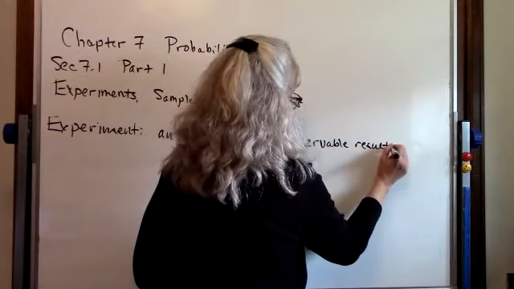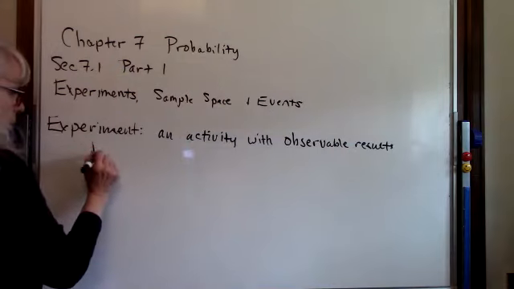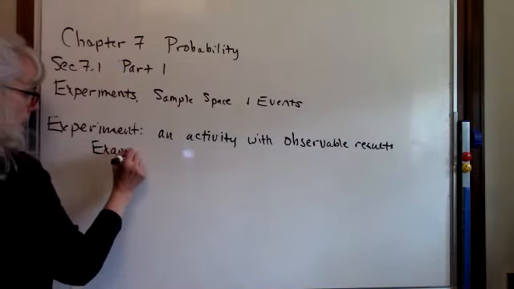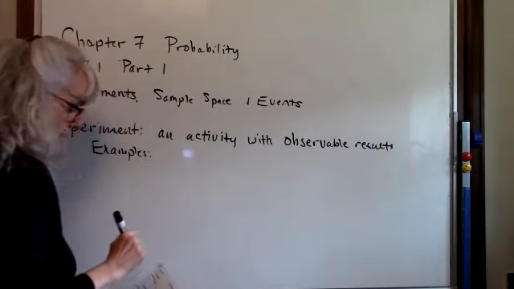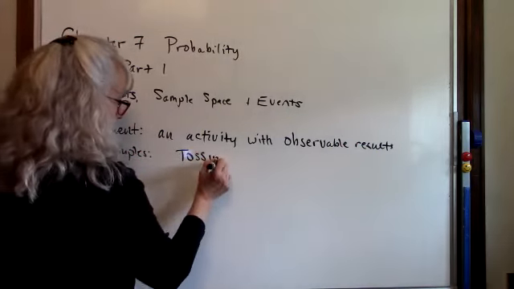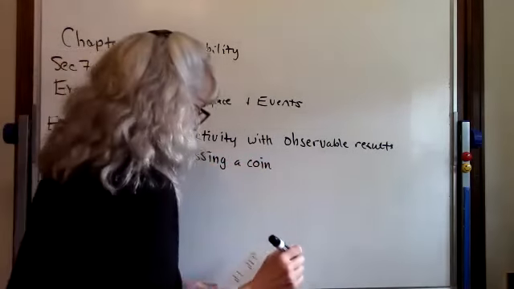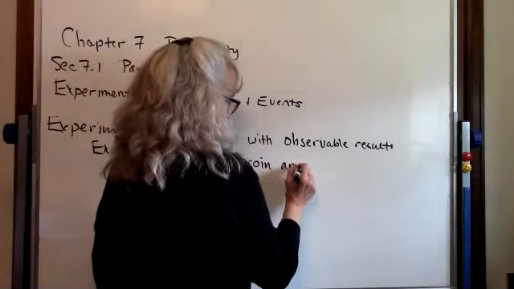Some examples, just to give you an idea of what we're talking about, might be tossing a single coin, tossing a coin and observing heads or tails.